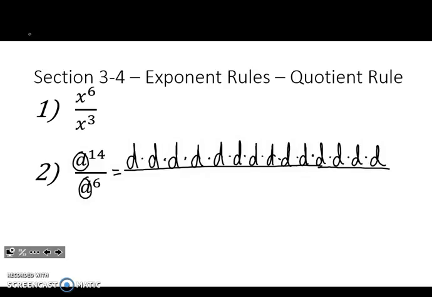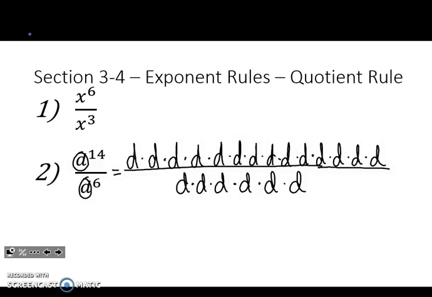All right, that's 14 d's, and then 6 d's on the bottom. So as you can see, if we have really high exponents, this could take us a really long time to actually write out all of these. So that's where our exponent rules are going to come into play.